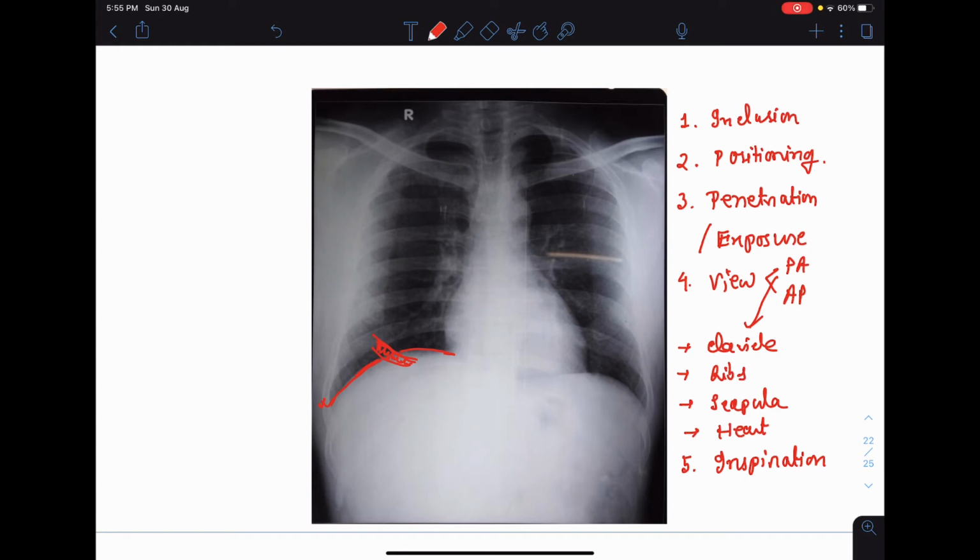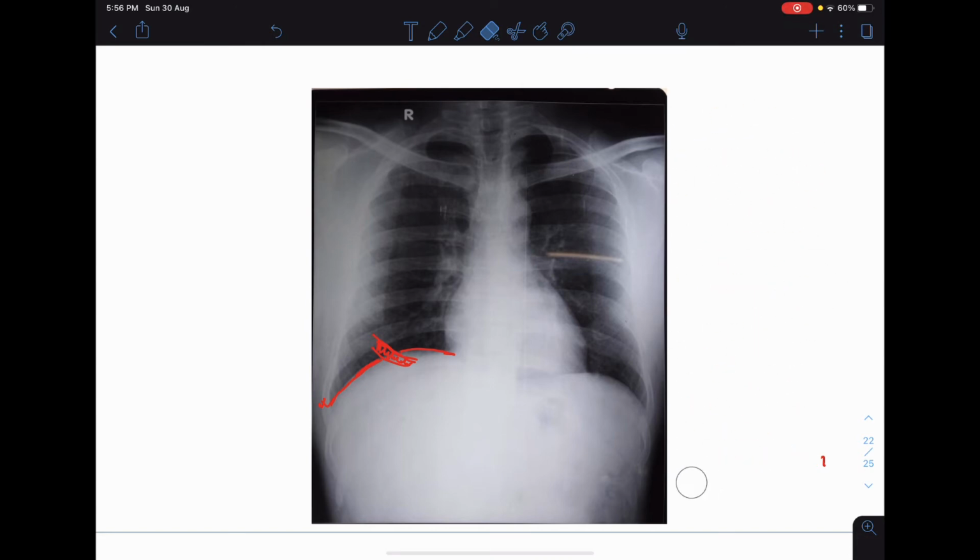Now let's see what are the things we are going to look for in a chest X-ray. So first of all we can look at the airways.